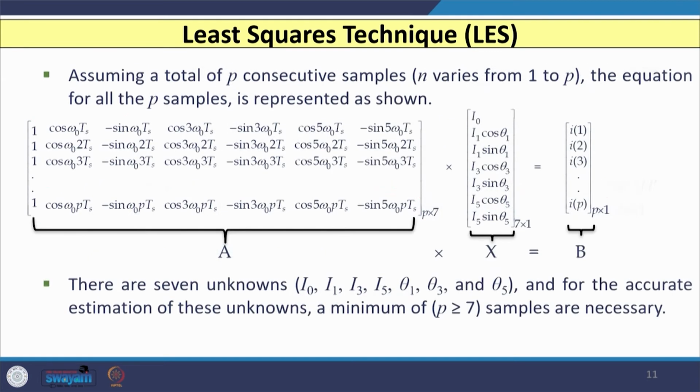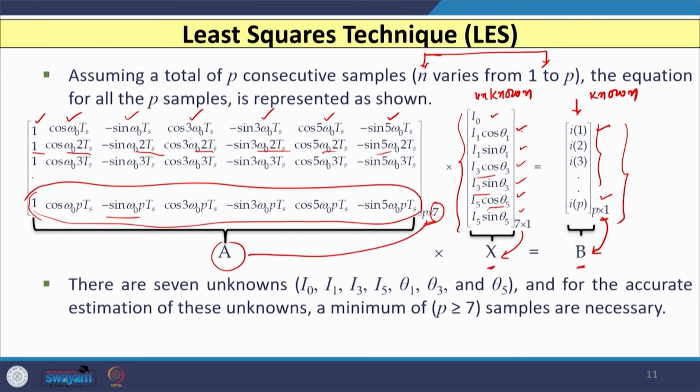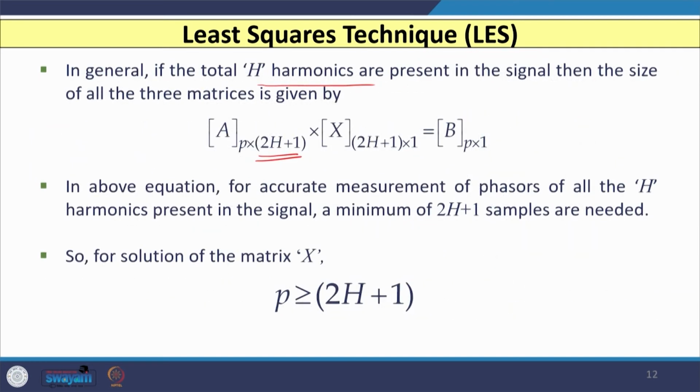So, here you can see in the earlier signal we have the DC value, and the other harmonics are fundamental, third and fifth, right, 2 values for each. So, 2 into 3 is 6 plus I 0, that is 7. So, that is why 2h plus 1. So, 1 indicates the DC value, h indicates the harmonics. So, this is how the size of the A matrix is obtained.